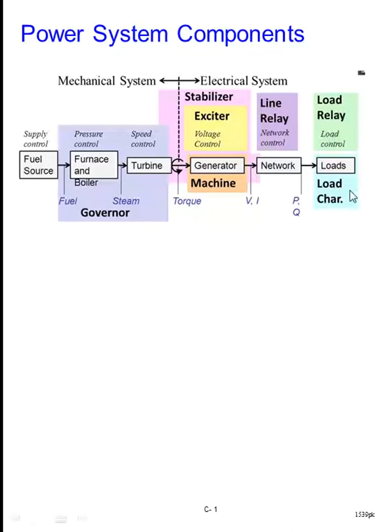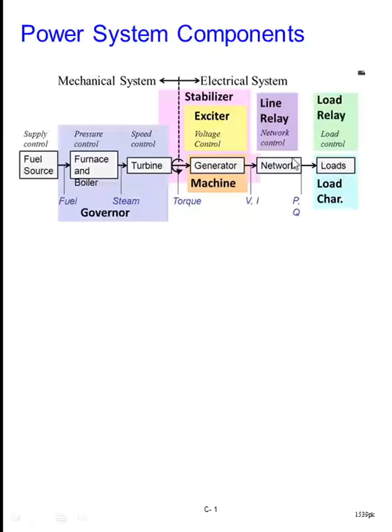So if there is an excess demand, loads can be tripped off, that we call load shedding.